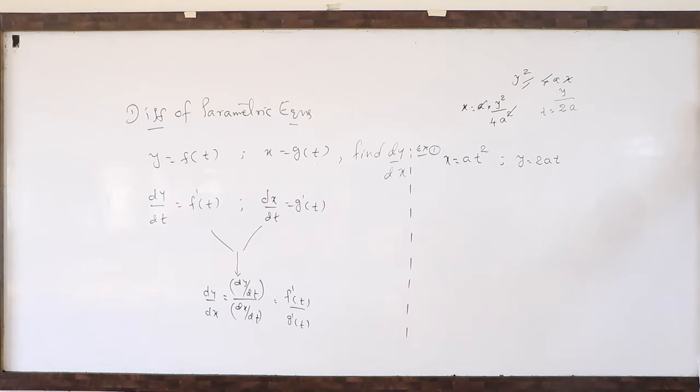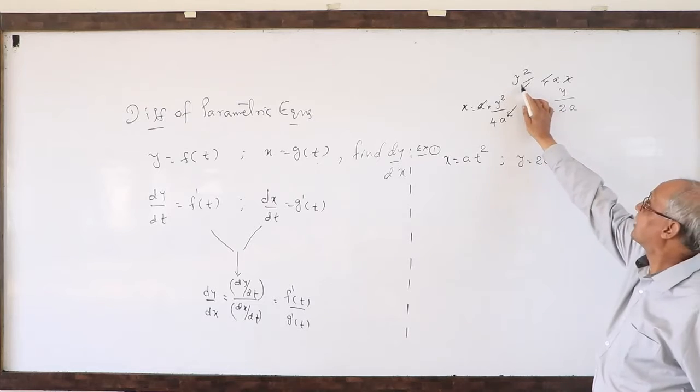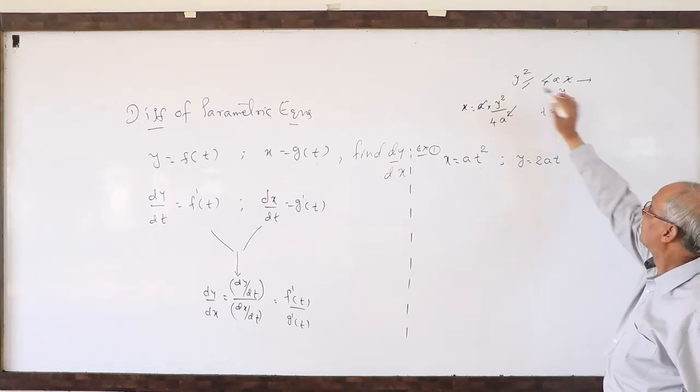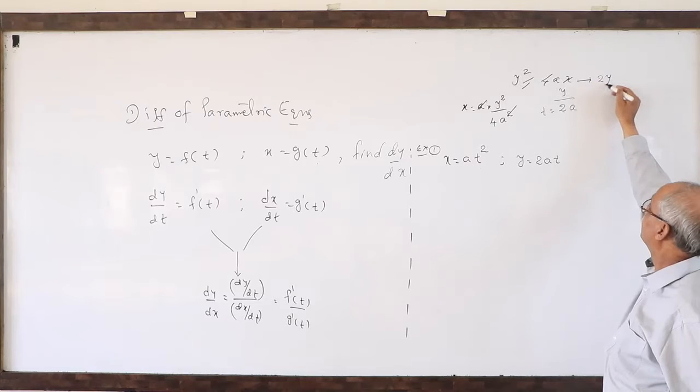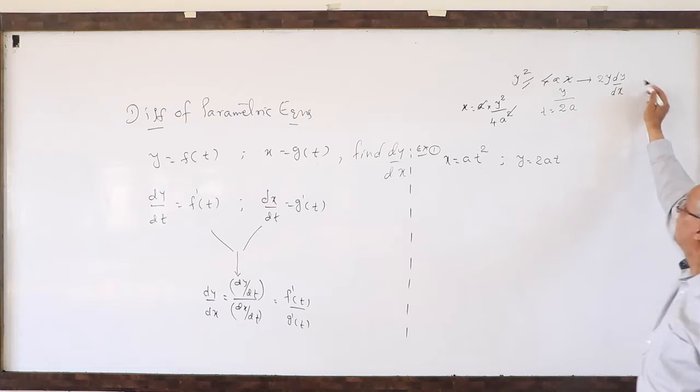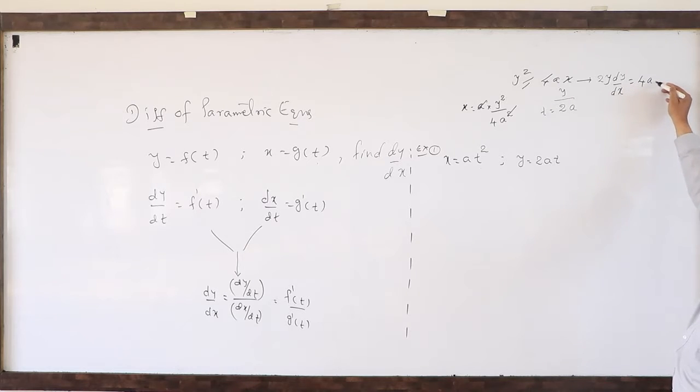Parabola. Cartesian means it is in terms of x and y. Once you take this equation, differentiate. What is the derivative of y square? 2y, and the derivative of y with respect to x. 4a is constant, derivative of x is 1. Then what is dy by dx finally? 2 cancels, 2a by y.